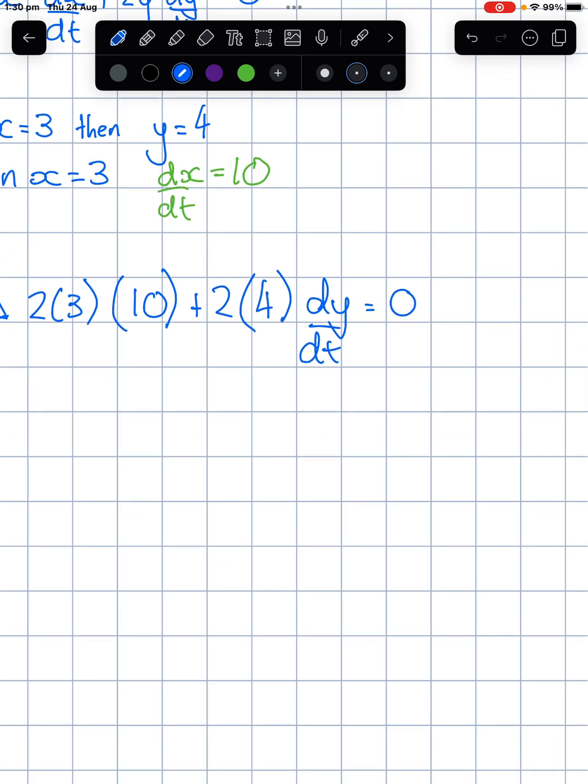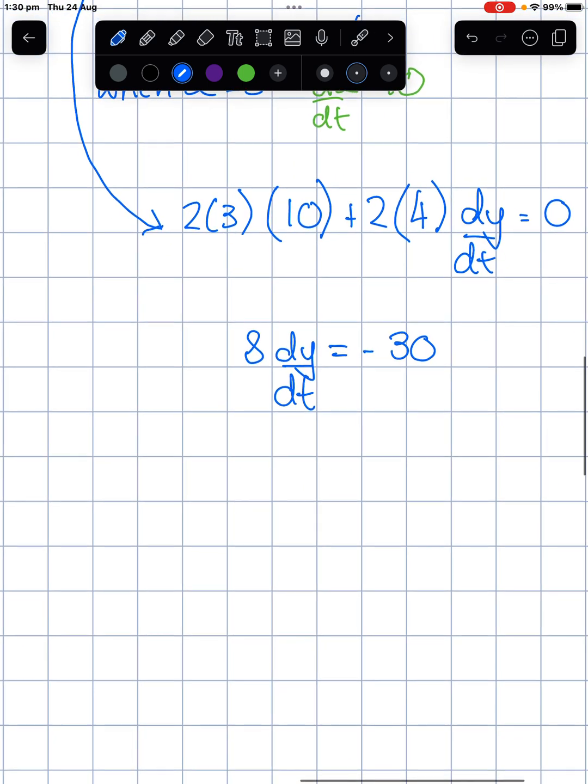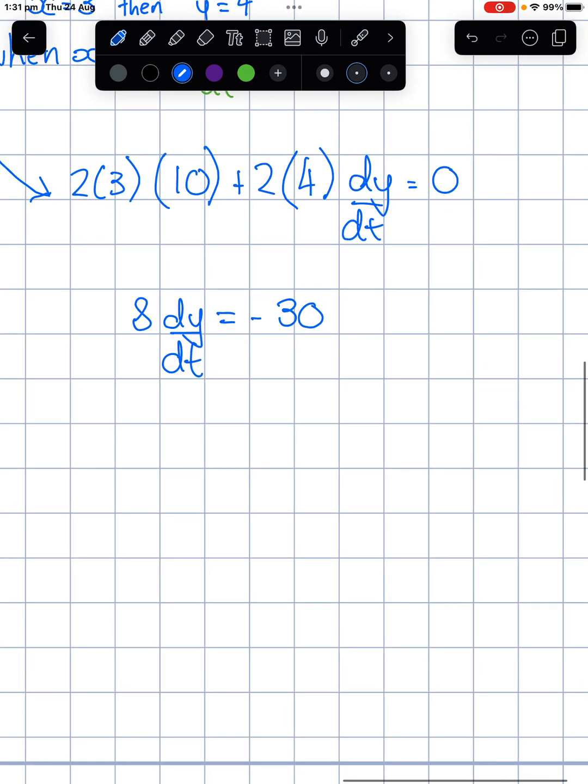So we're going to have 8 dy dt equals negative 30. Okay, we can now divide both sides by 8, and we get dy dt equals negative 30 on 8, which if we halve both of them is negative 15 on 4.